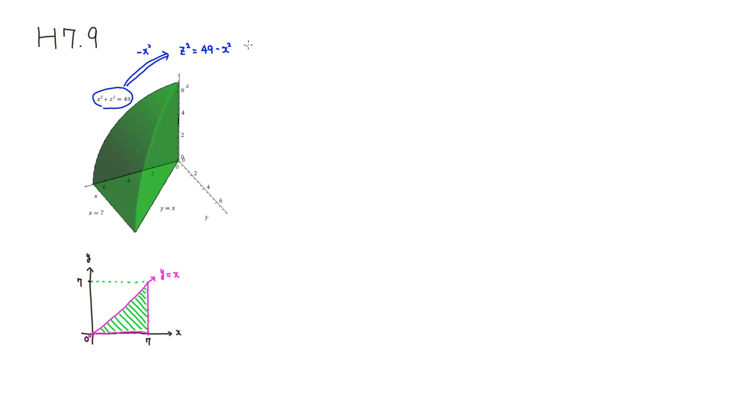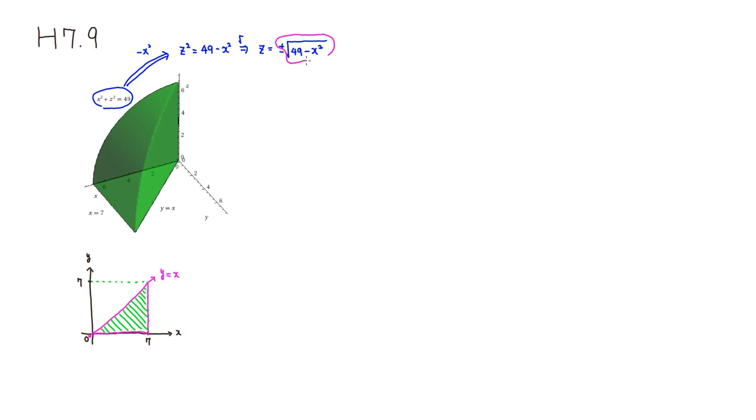Then we take the square root of both sides, so you get z is equal to plus or minus the square root of 49 minus x squared. The surface we're looking at is above the xy plane, so we definitely take the positive one. We're going to use the positive version of that.